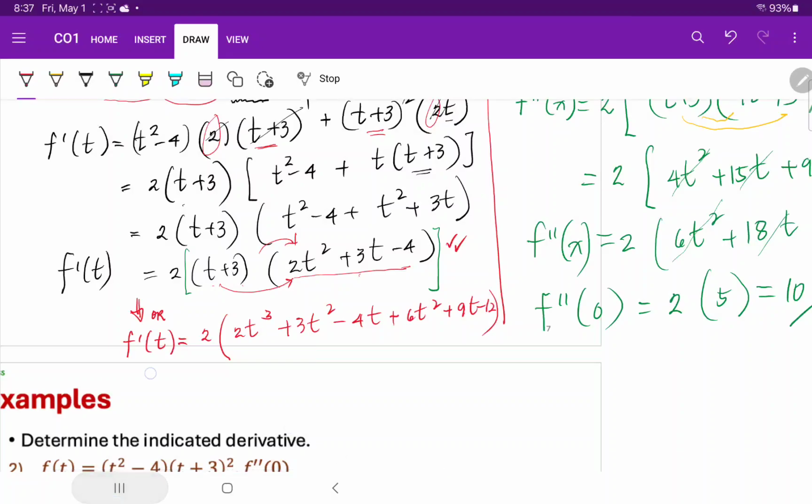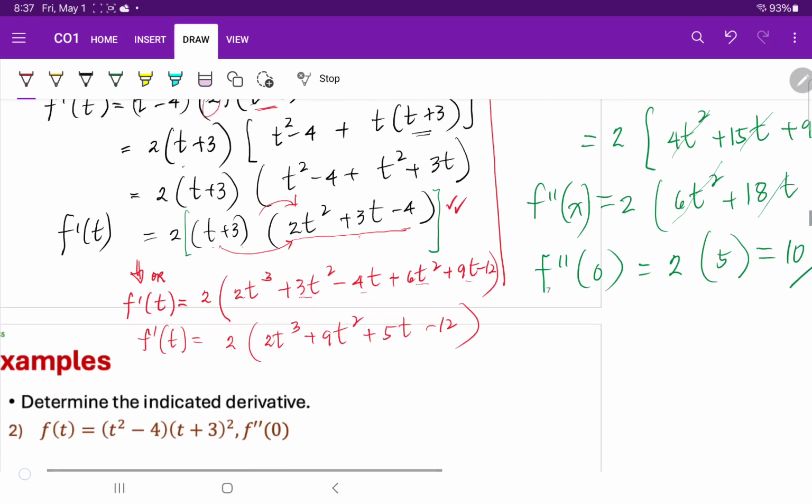And then we group similar terms. So what is f prime of t? 2t cubed, 3t squared plus 6t squared is 9t squared. 9t minus 4t is 5t, minus 12.